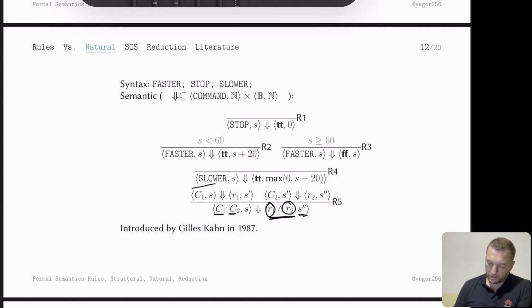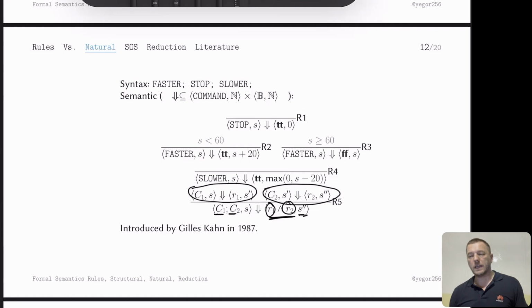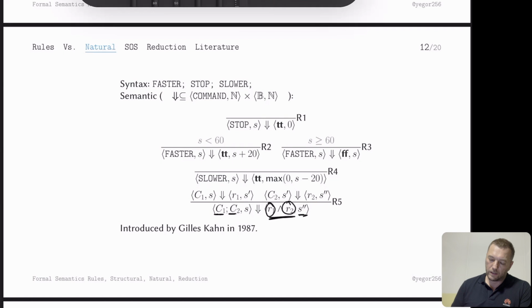The first premise is execution of the first command, the second premise is execution of the second command, and they are connected with this s prime. So the s prime, which is going out of the first command, goes into the second command. This mechanism, by the way, was introduced in 1987, the mechanism of describing semantic in a denotational way.